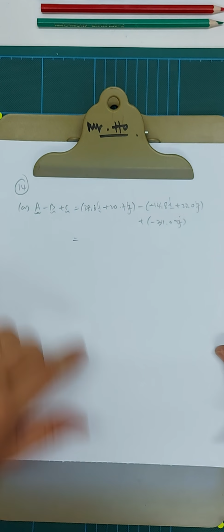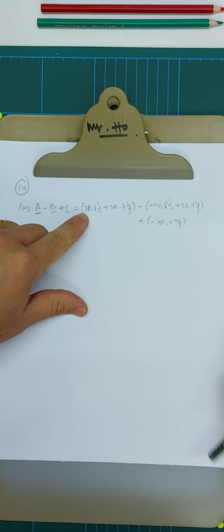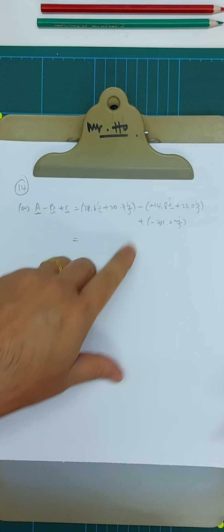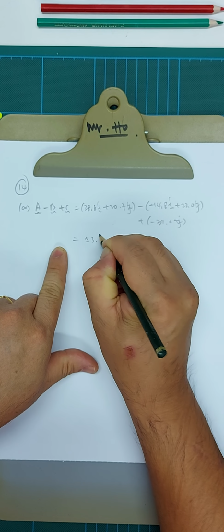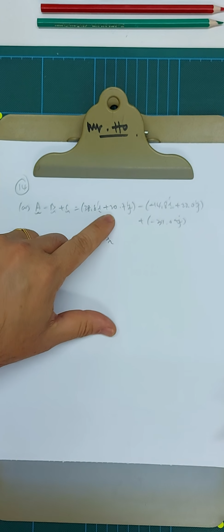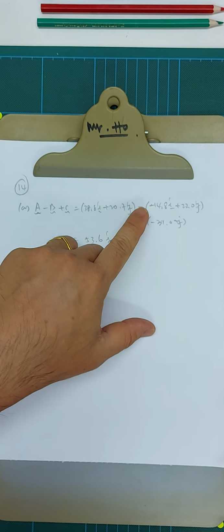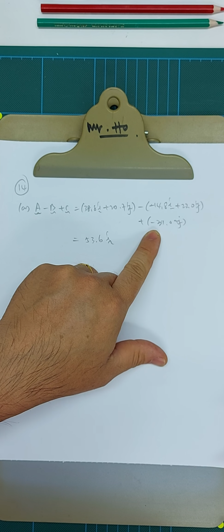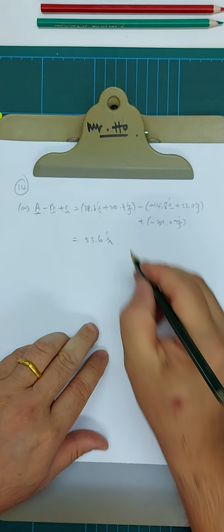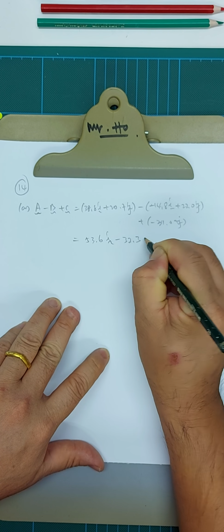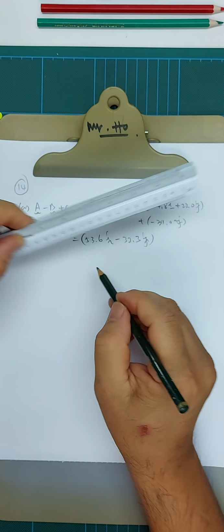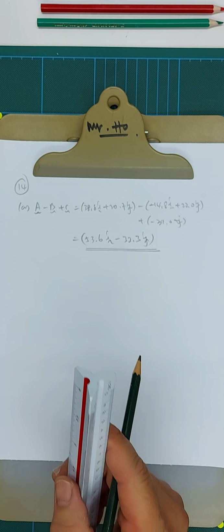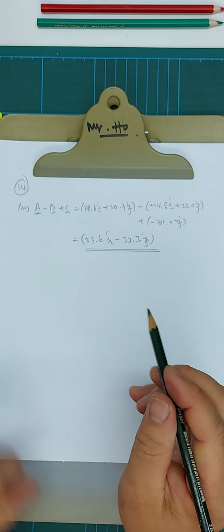So this one is 38.8 minus, become plus 14.8. We get 53.6i. And then for j, 20.7 minus 22 and then minus 31. So I got negative 32.3j. That's it. The question didn't say anything about magnitude and direction, so we just leave it like that. So that is A.